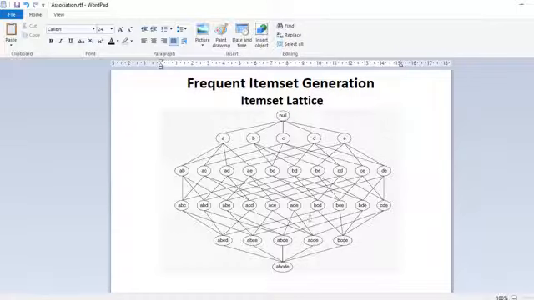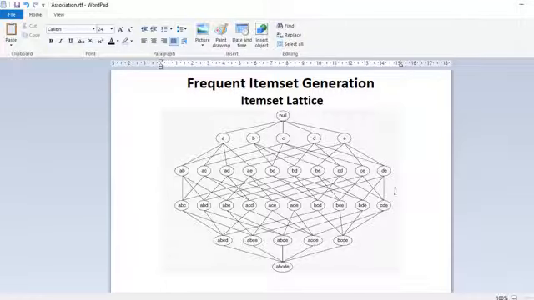Let us consider an example where the number of items is equal to 5, that is A, B, C, D, E. Then this lattice structure can be used to enumerate the list of all possible item sets. So starting from null, A, B, C, D, E. Next you generate all possible 2 candidate item sets at this layer.